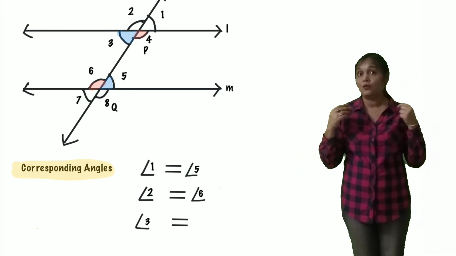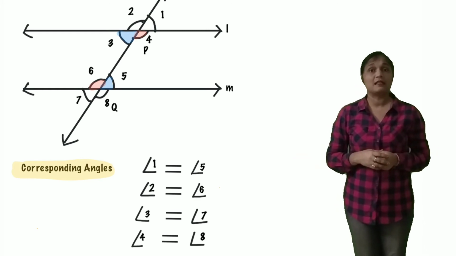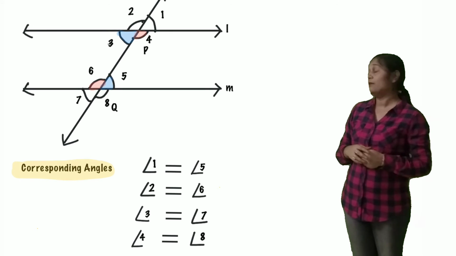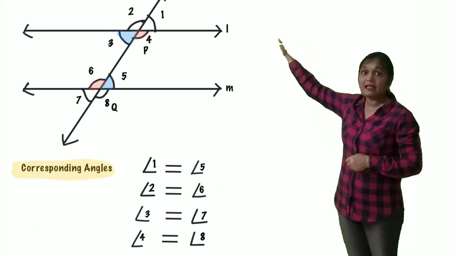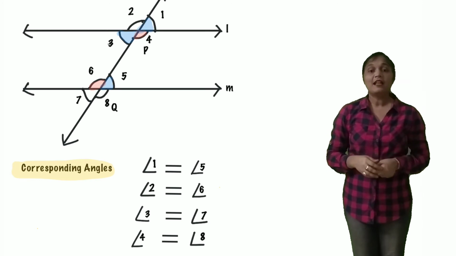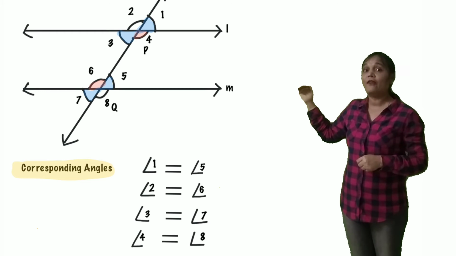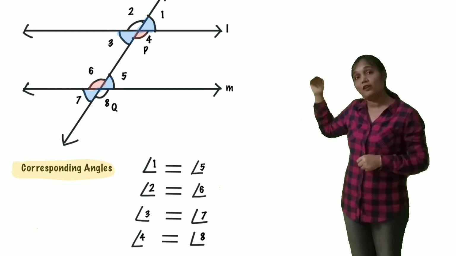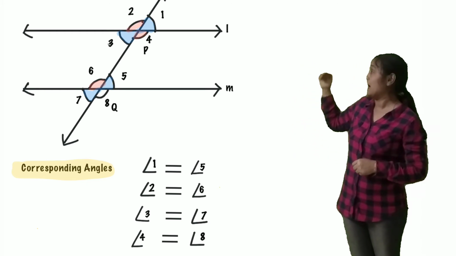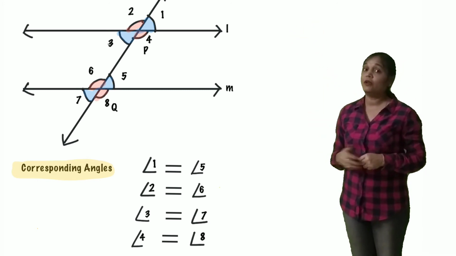Now I'll tell you a small trick to learn these corresponding angles. Here you have to label angles as I have labeled them, in the anti-clockwise direction. And if you take the difference of these angles, you will find that the difference is always 4. So angle 5 minus 1 is equal to 4.